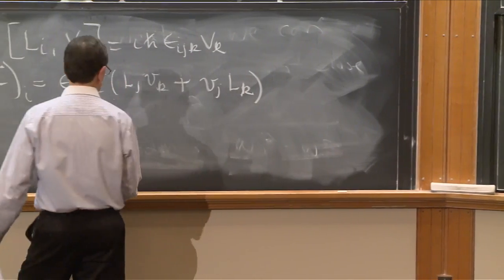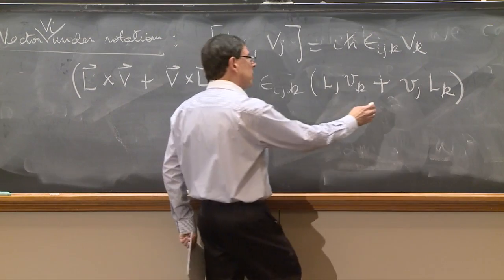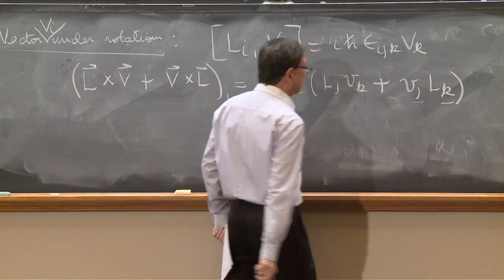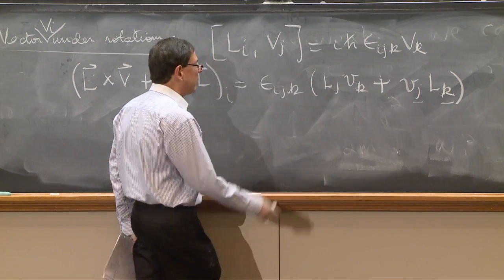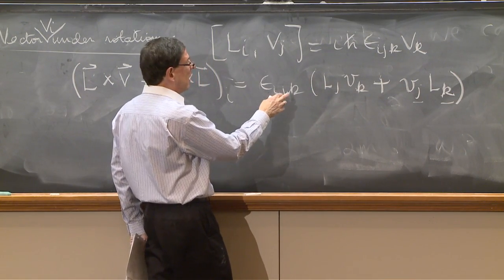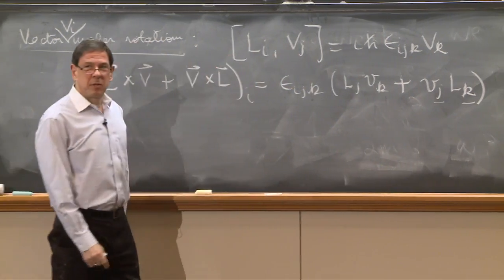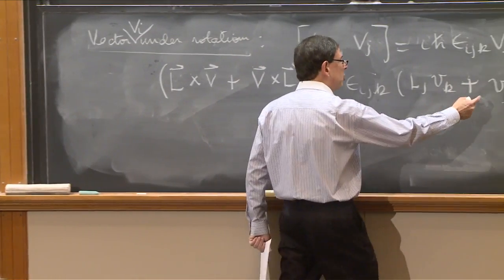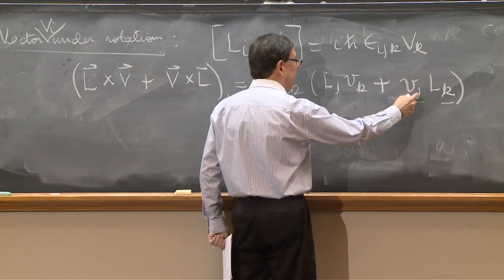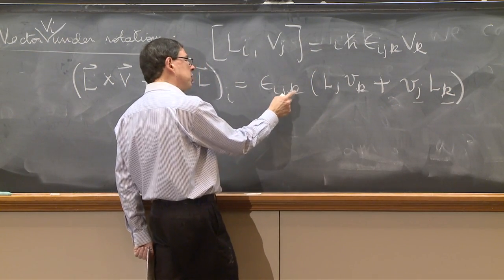Now, in this term, you can do something nice. If you think of it expanded out, the second term has epsilon i j k V j L k. Change j for k. If you change j for k, this would be V k L j, and this would have the opposite order.